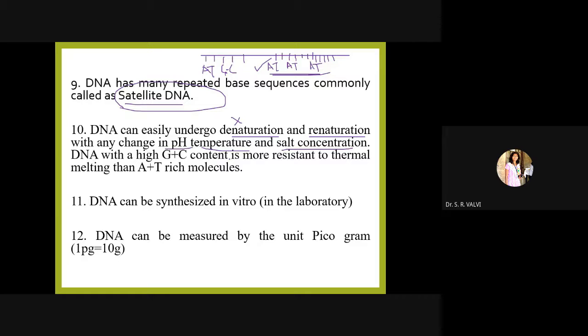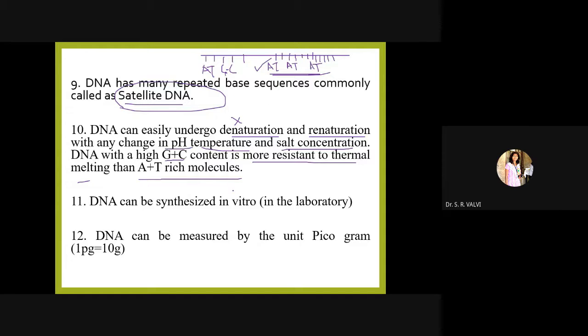So DNA with high G and C content is more resistant to thermal melting than an A and T rich molecule. Suppose your DNA is rich in G and C nucleotide bases, right? So it's more resistant to temperature, it's not going to undergo denaturation, right? And suppose your DNA has high A and T, then there will be a chance of undergoing denaturation, right?